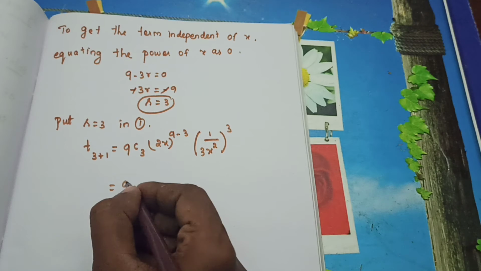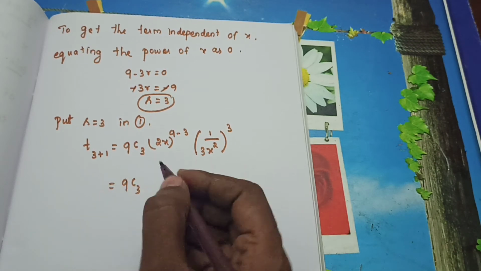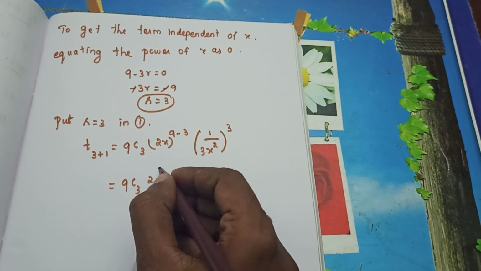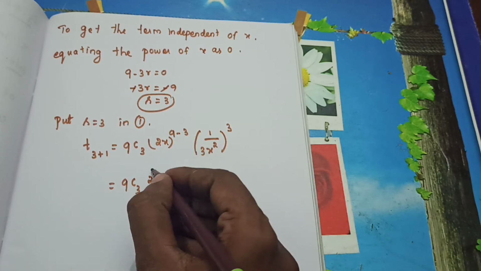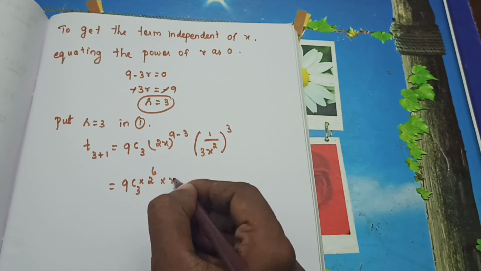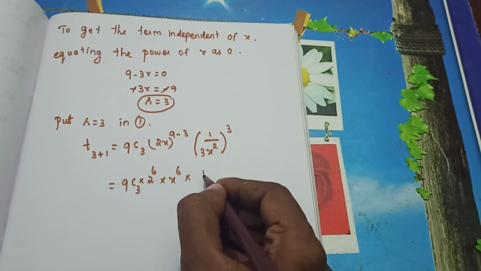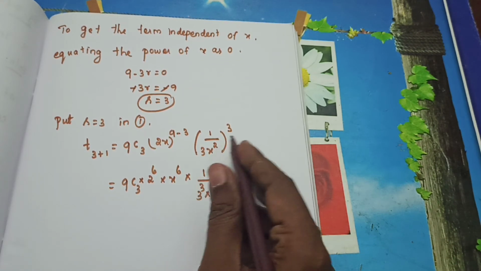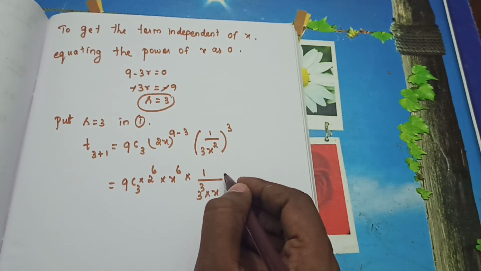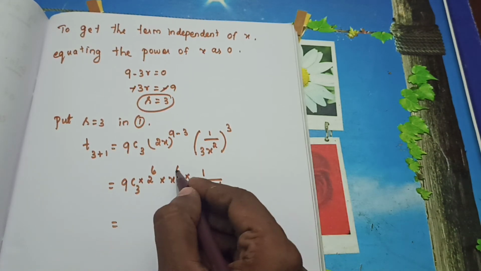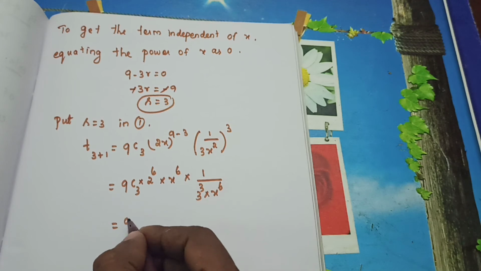Simplify 9C3 if you need, otherwise no problem. That is 2 power, how much will you get? 9 minus 3 means 2^6, x^6, into 1 cube means 1, 3^3 into x^(2×3). Carefully, 3 cube, but here x^6, 2 into 3. So this power and this power, x^0, is it right?